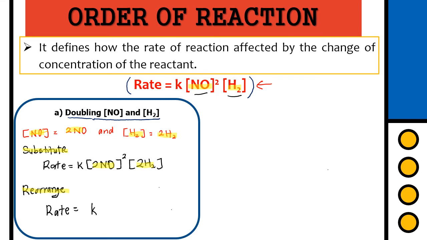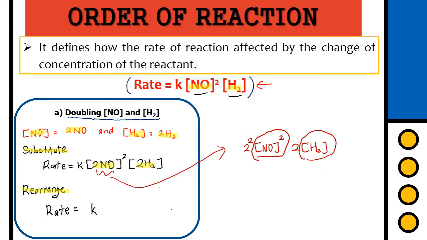So what happens inside this term? If we take out 2 to the power of 2 and then NO squared, and then for H2, we take out the number 2 and then H2. So here only NO squared and then H2 are left, the same as our rate law.